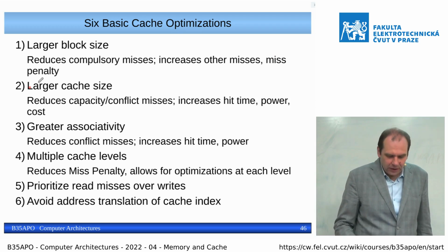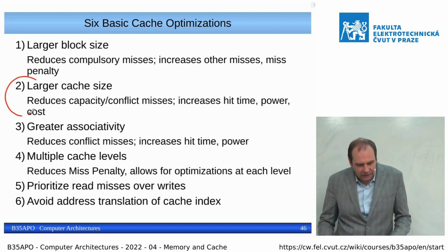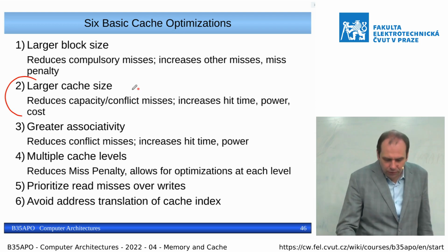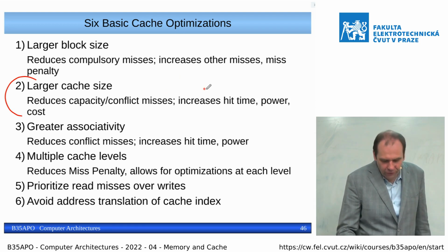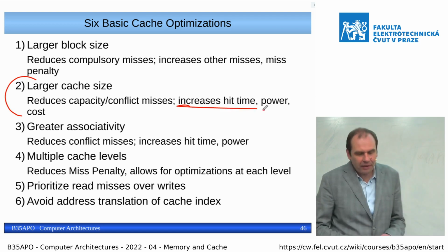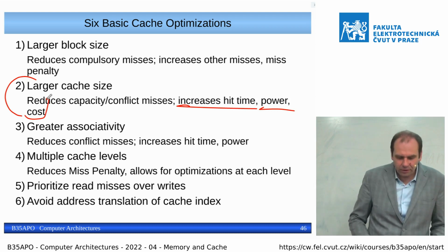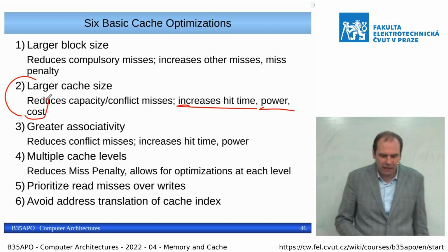If we enhance the cache size, then we reduce the number of conflict misses, and so on. But we increase hit time, power and the cost of the cache. So again, you need to keep this in balance.